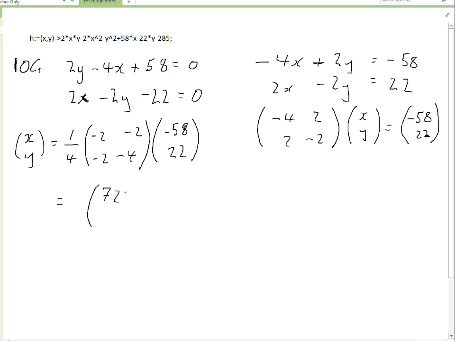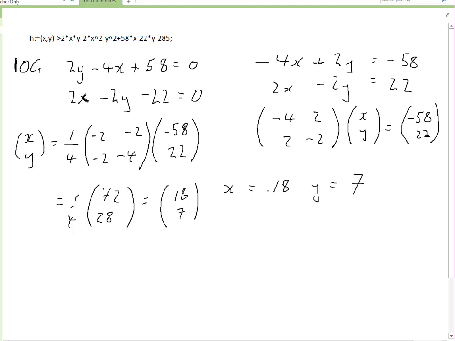And then you want again 116, and this time subtract 88. That's 28. So this is going to give you 72 over 4, 28 over 4. So it looks like x is equal to 18 and y is equal to 7.